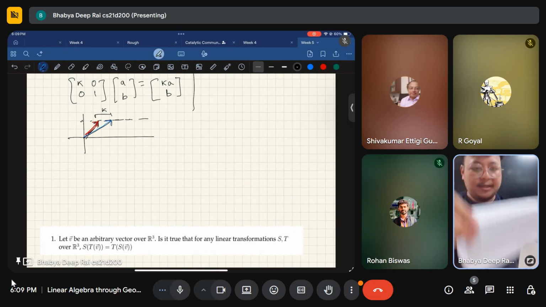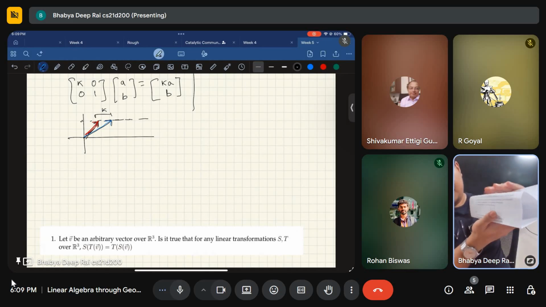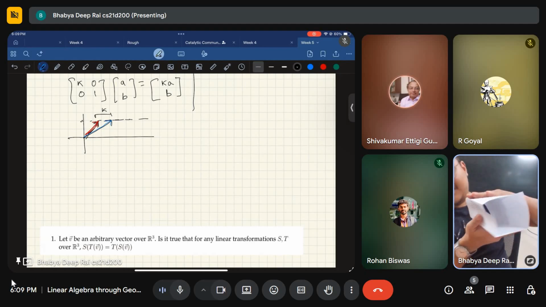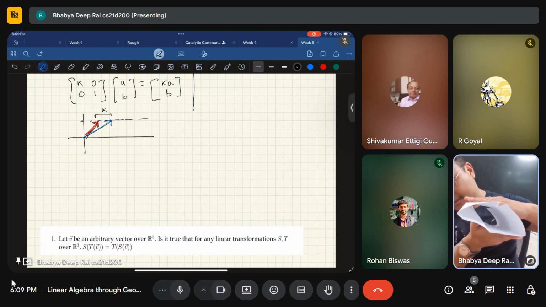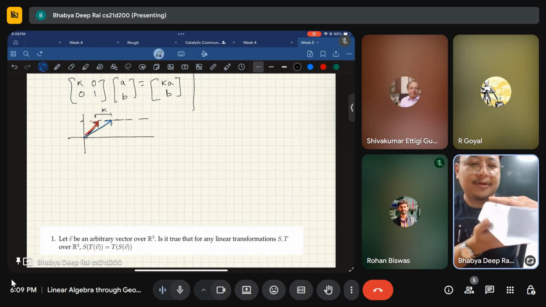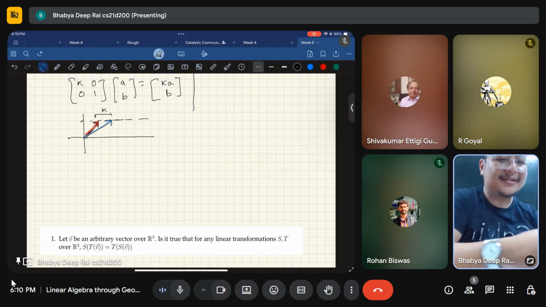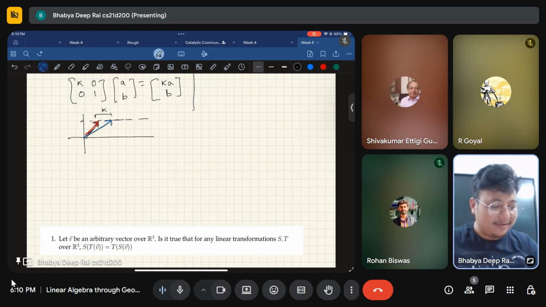Now what I'm doing is pushing the top part like this, but you notice that the bottom part remains the same, and I'm pushing the top part this way. This is what is called a shear operation. I'm not a physics guy, but I think it is a common operation in elasticity and things like that, which is studied in physics. So that is the same thing that is happening here.